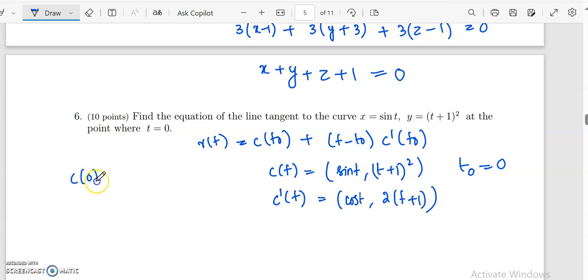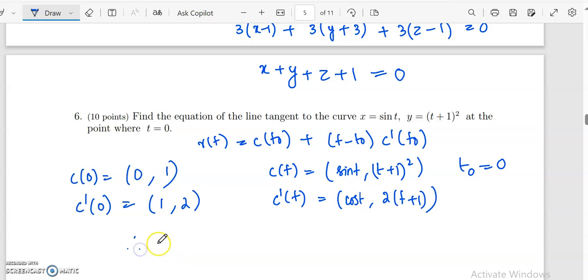So c of 0 will be, sine 0 is 0, and (t plus 1) whole square at 0 will be 1, and c dash of 0 will be, now cos 0 will be 1, and here at 0 we will get 2.